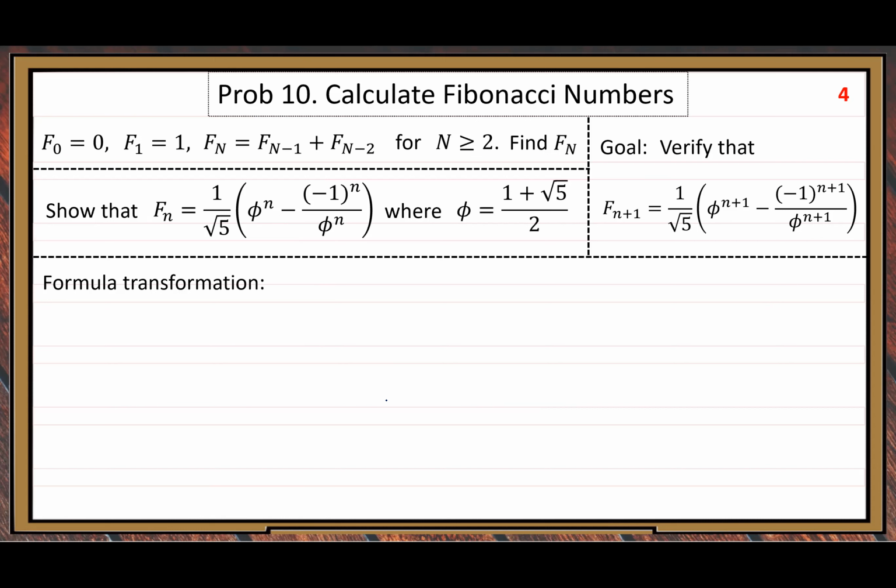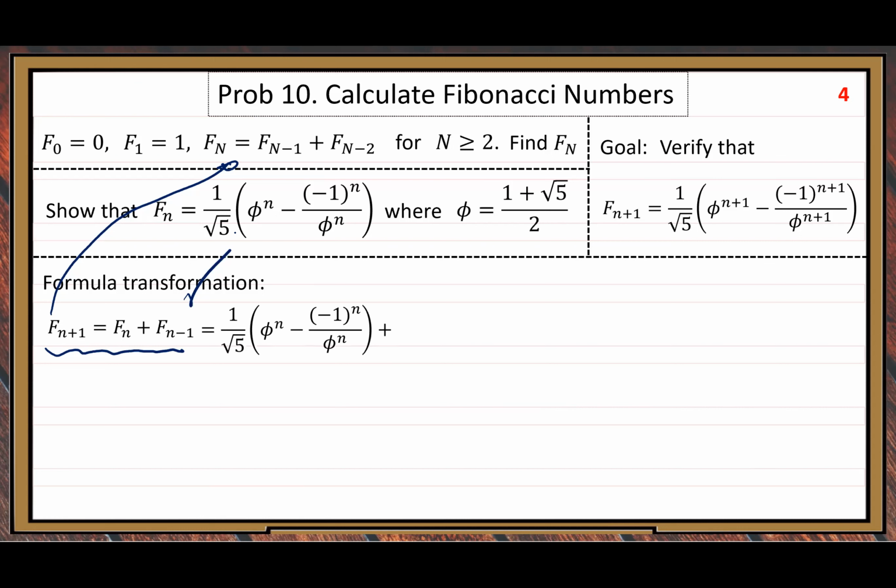Here we need to do some exploration related to the formula form. We know this is true, right? Before the verification, it is just given, so it is true. Now we want to manipulate this formula, our starting point.